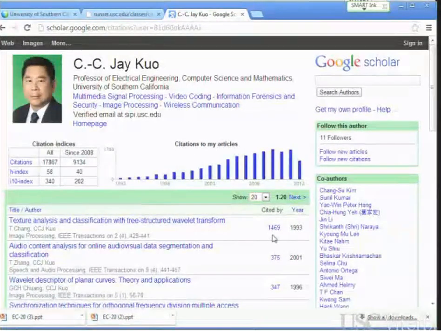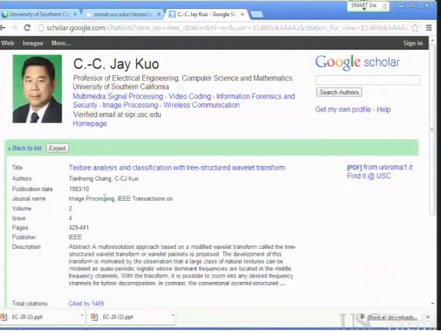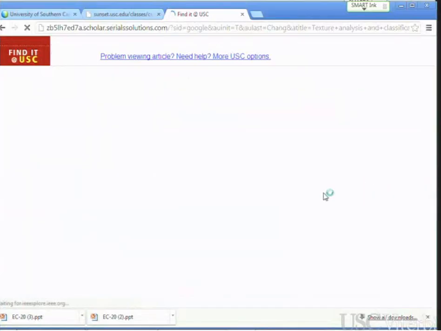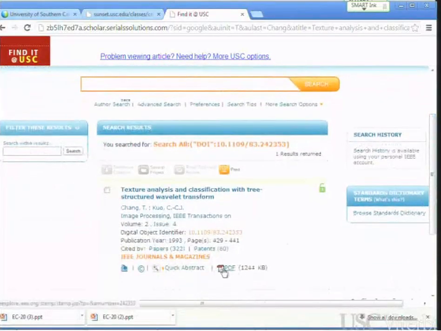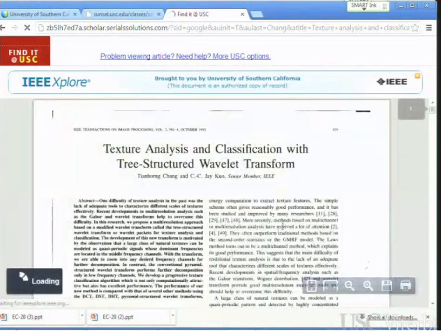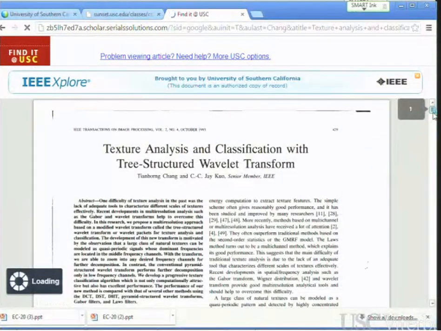So this paper has 1,400 citations, right? Published in 1993. This is Texture Analysis and Classification with Tree-Structured Wavelet Transform. Just me and him. So this is the paper, okay?